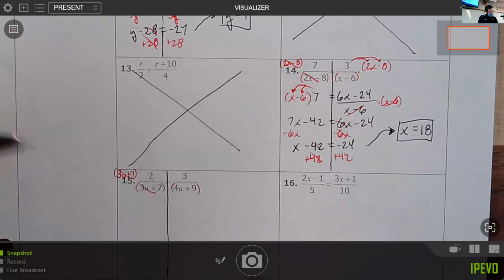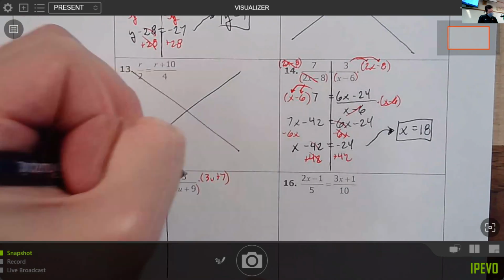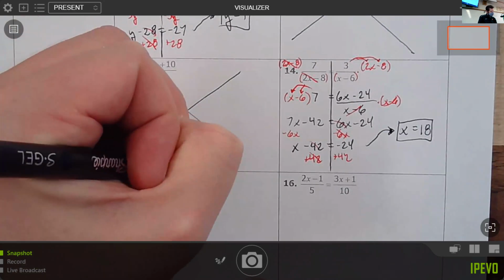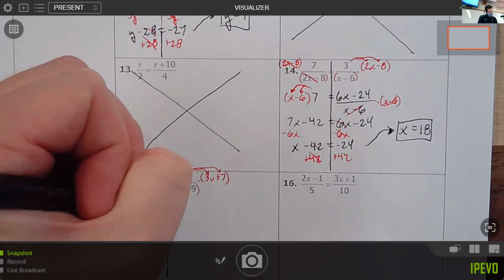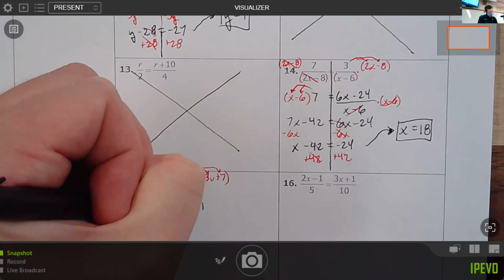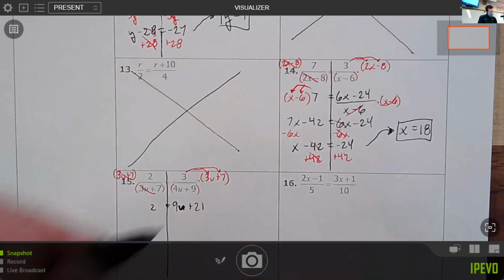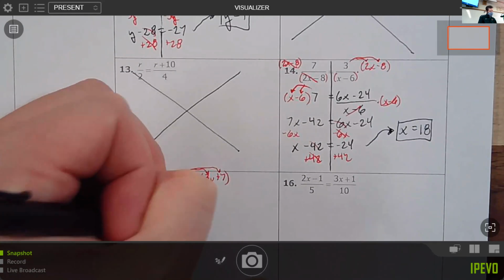Cancels on the left. Multiply by the 3u plus 7 on the right, which means we're distributing a 3. We've got 2 equals 3 times 3u, that's 9u. 3 times 7 is plus 21. I'm gonna make sure that looks like a u and not a w. All over, so we still have a denominator here, 4u plus 9.